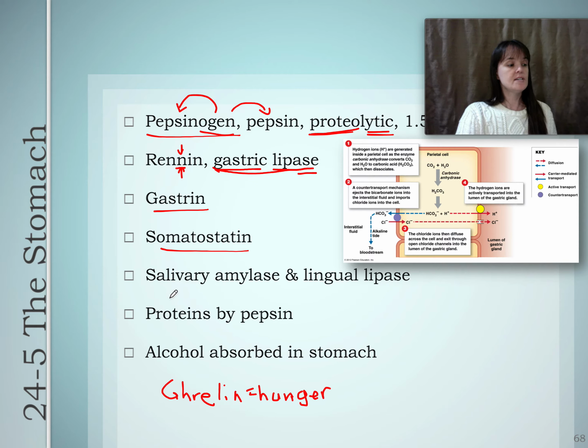It continues digestion of carbs. So the stomach does not begin the digestion of carbs. The mouth begins digestion of carbs with salivary amylase in the saliva. And the stomach continues the digestion of carbs by salivary amylase and lipids by lingual lipase.